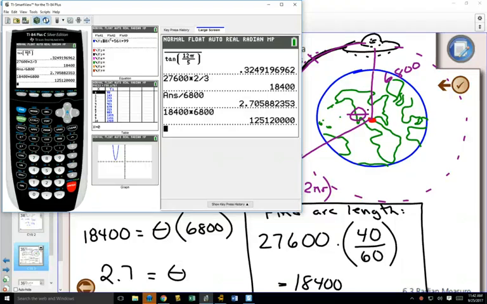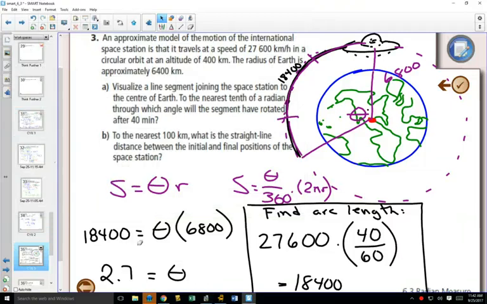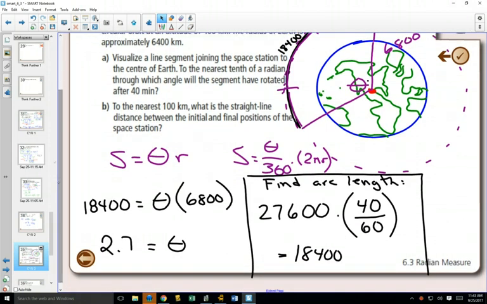But if you do a little bit of an estimation, 125 million of these along the outside edge of the circle, that would be too much. That would be insane. You would be going really, really fast. 27,000 kilometers per hour wasn't fast enough for you. So there we have an angle.